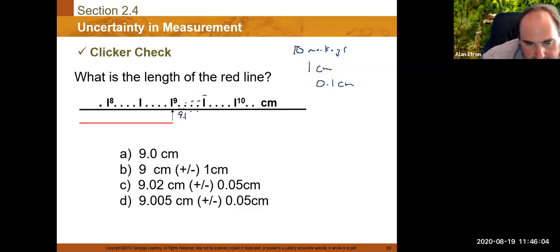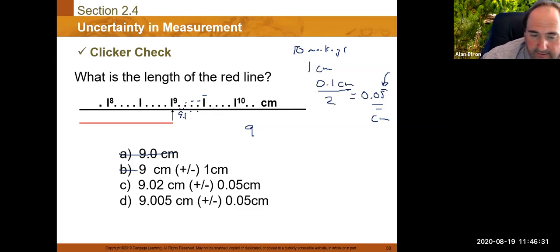So we want to take a look at it here. It's definitely past the 9, so everybody should agree to the 9. Now, because of this, we can divide the smallest marking by 2 and get that 0.05 centimeters of precision. It also tells us we could go to the second decimal place when we make this reading. In this case, that means it's definitely not going to be this guy because it's not the second decimal place.